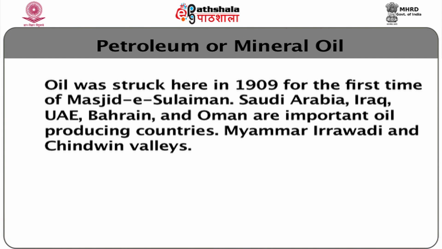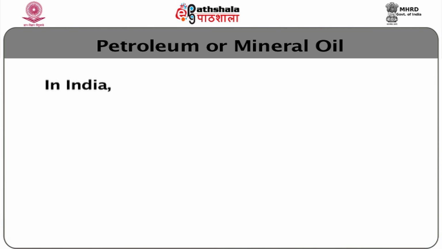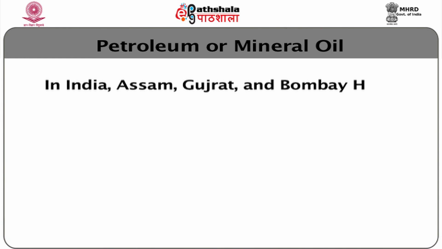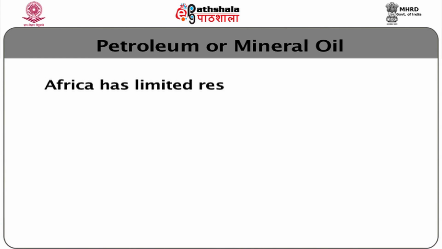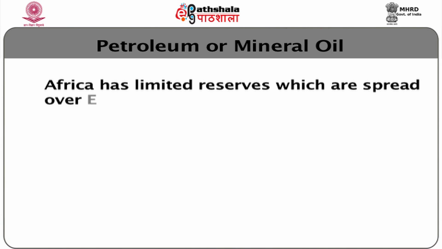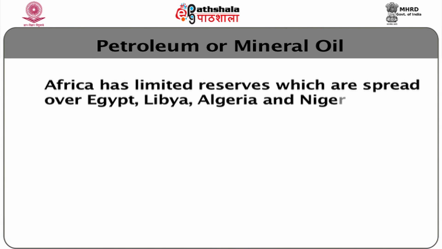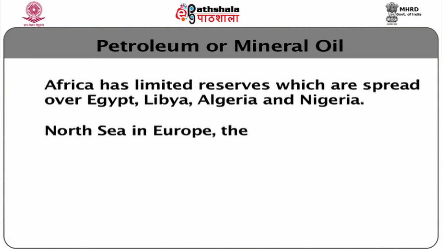Myanmar is also a region where oil can be found, and in India, besides the above, Assam, Gujarat and Bombay High are the important oil producing regions. Africa has limited reserves which are spread over Egypt, Libya, Algeria and Nigeria.